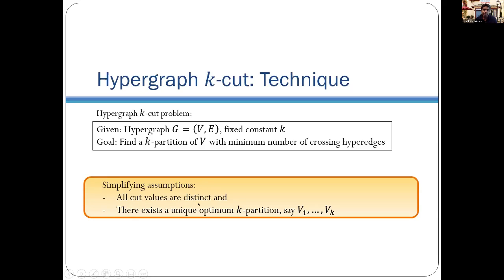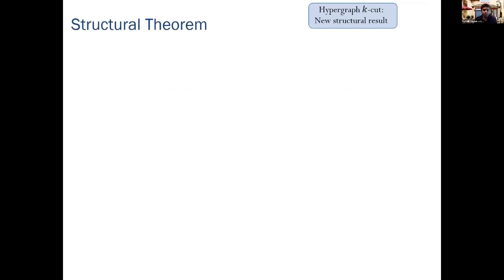This ensures that min ST cut is unique for every choice of S and T. And secondly, there exists a unique optimum k partition, which I will denote as V1 through Vk. These assumptions can be relaxed with more careful tie-breaking rules, but we worked under these assumptions to figure out the details, and I'll use these assumptions for the sake of simplifying the talk.